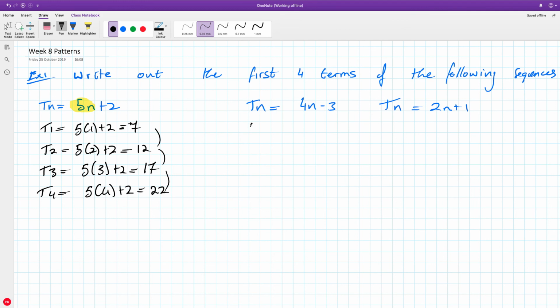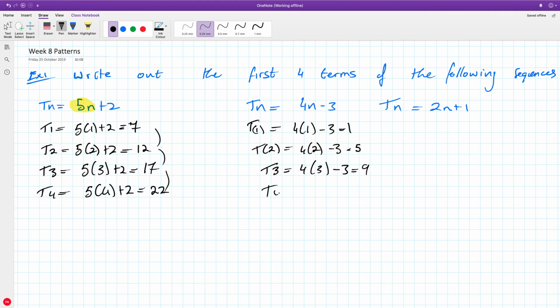We come over here. T1 is equal to 4 times 1 minus 3, which is 1. Exactly. T2 is equal to 4 times 2 minus 3, which is 5. T3 is equal to 4 times 3 minus 3, which is 9.